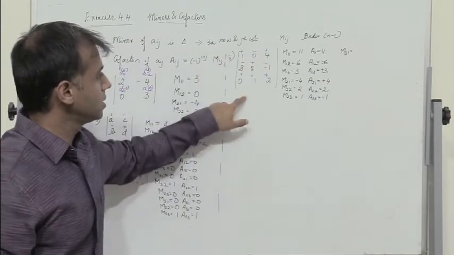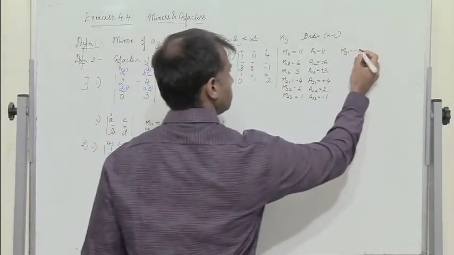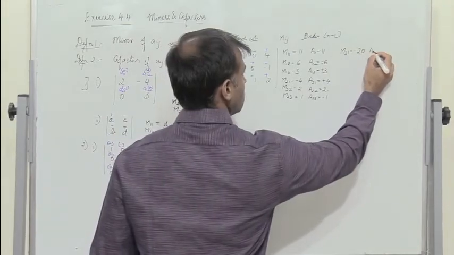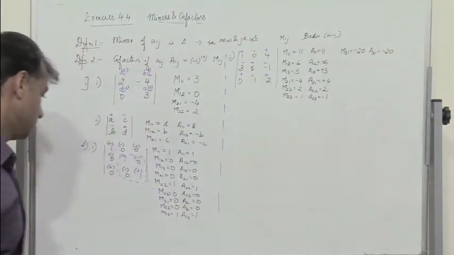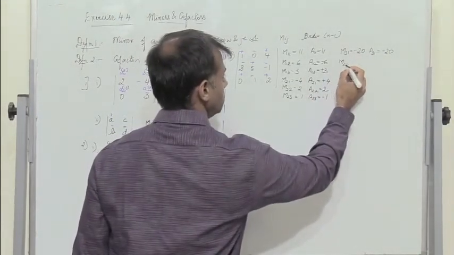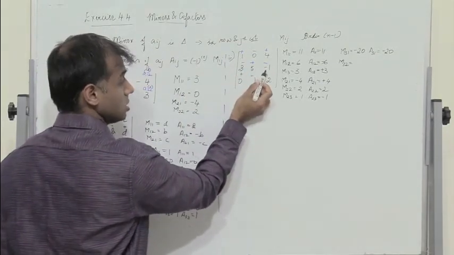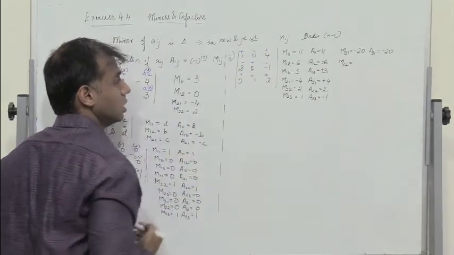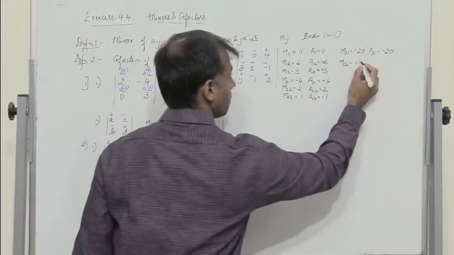So next, M31, leaving the third row and the first column, I get 0, minus 20, and of course A31 is also minus 20. Next, M32, the third row and the second column, so I get 1 into minus 1 is minus 1, minus 3 into 4 which is 12, so that is minus 13.